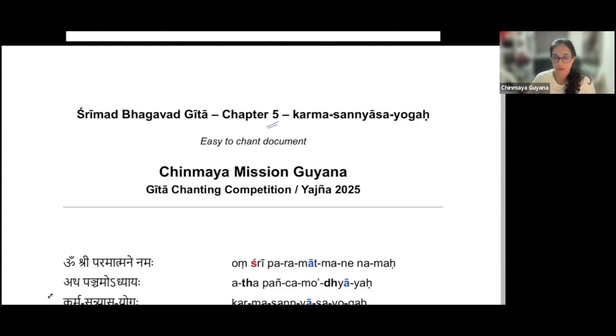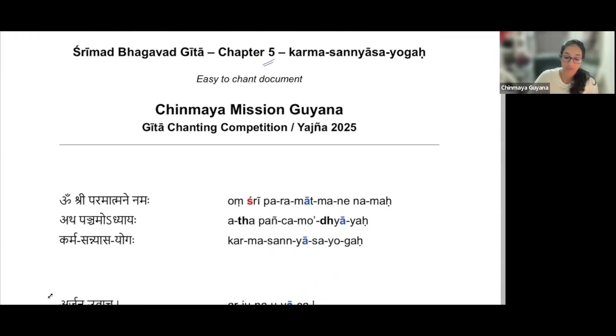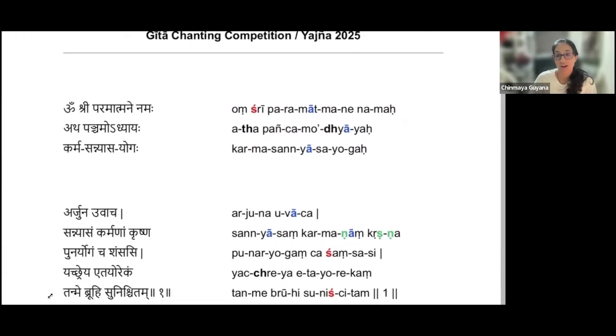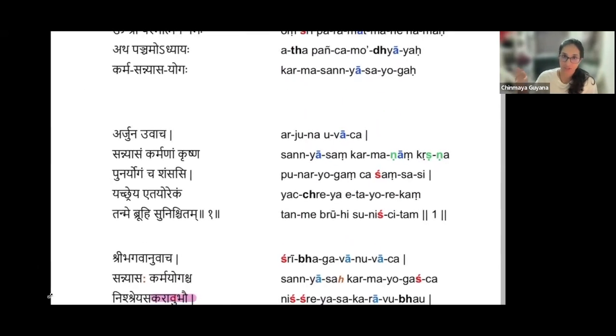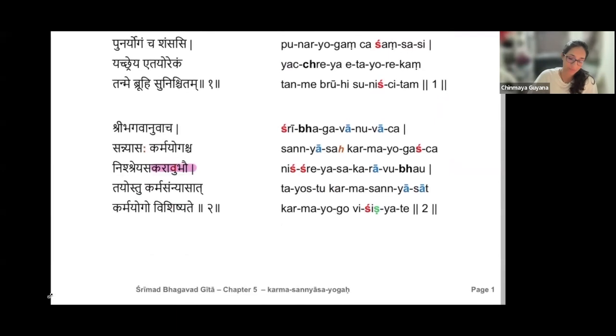So many people here will be familiar with chapter 5. I see some faces that took part. So we're going to use chapter 5 today and try to break up the sandhis that we have done. Okay, so straight from the verses itself. And I left the English on the side for those who need a little help, but really you should be focusing more and more on the Sanskrit. Okay.